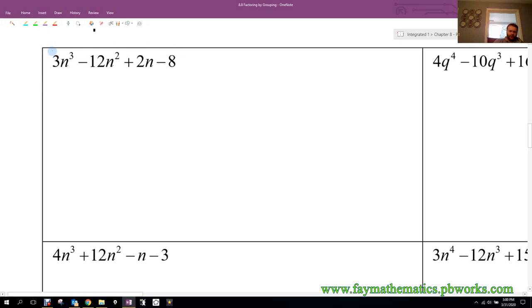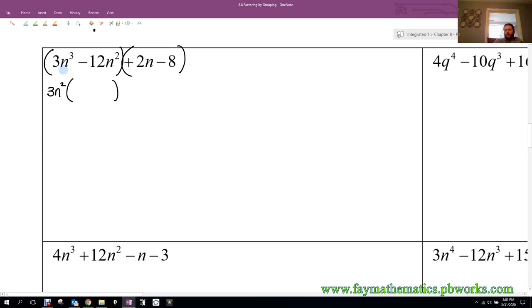So then you just work to the grouping part. So I'll group those 2, and I'll group these 2. We'll look at the first 2 and think about what they both have in common. 3 is divisible by 3. 12 is also divisible by 3. So there's the numerical GCF. And then they both have an n squared in them.